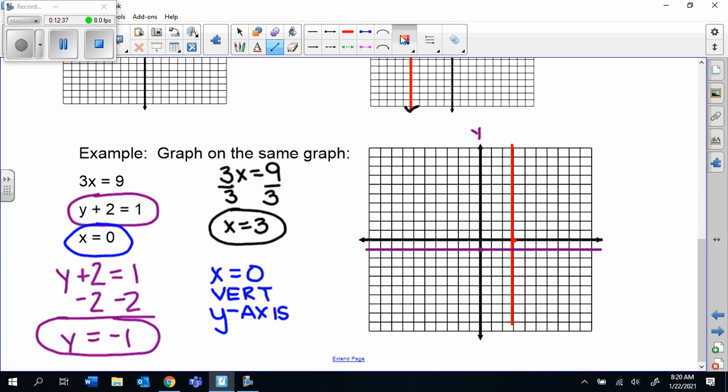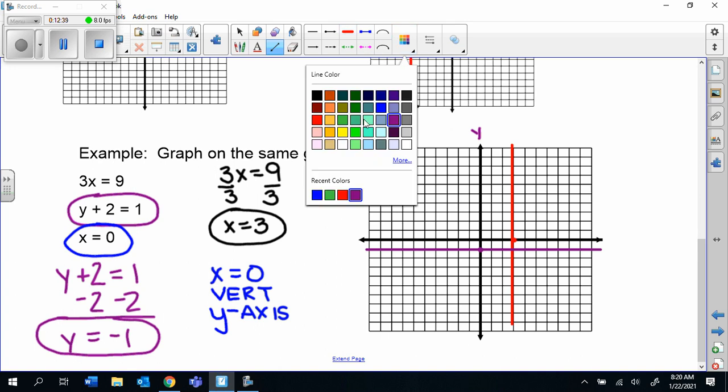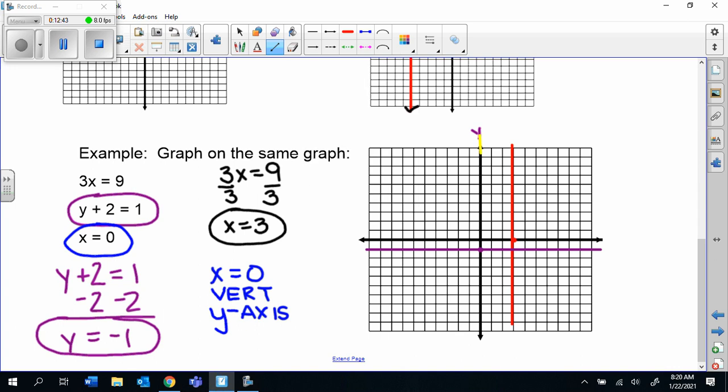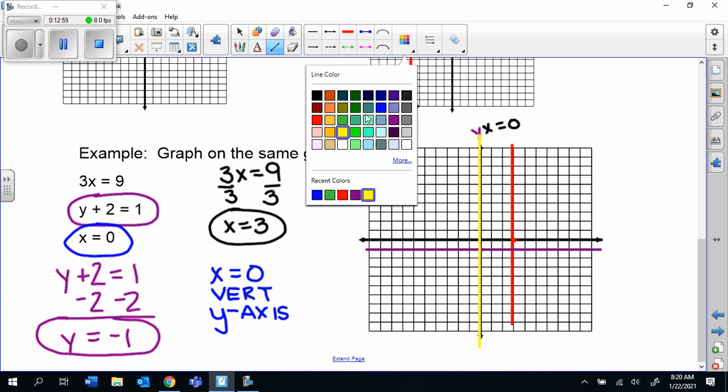If you were going to graph that on paper, I would suggest getting some different colors. But that is the line x equals 0. It is the y-axis, and I thought that was worth mentioning, even though I didn't really see that in the book per se. I'm sure you're expected to know it.